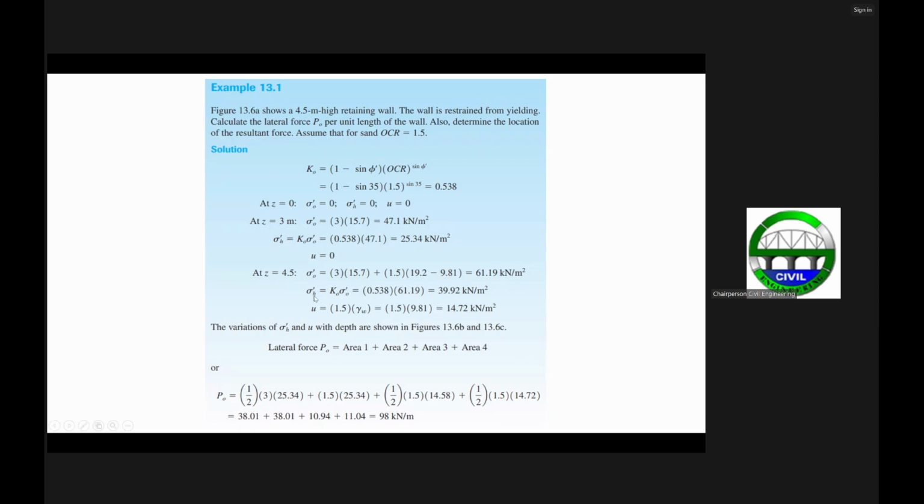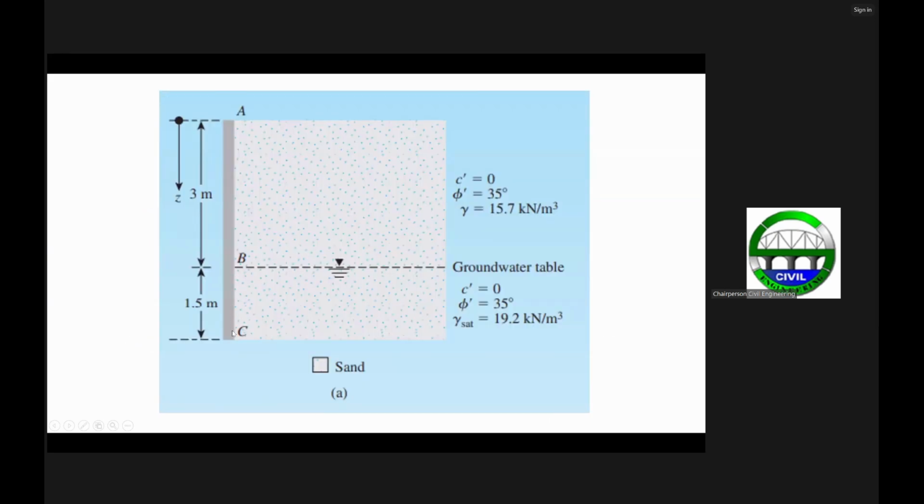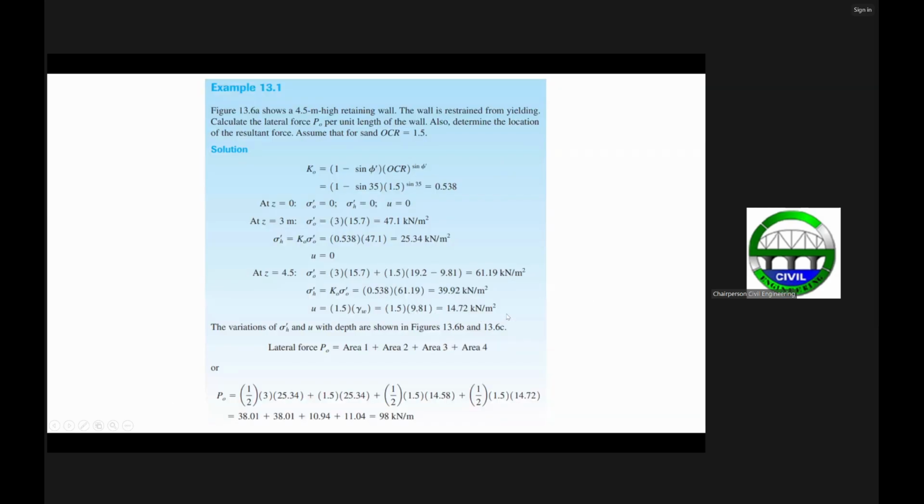For the horizontal effective pressure, we multiply the overburden pressure by the at-rest earth pressure coefficient. At depth 4.5 meters, the pore water pressure is the 1.5 meter depth times the unit weight of water, which gives this value.